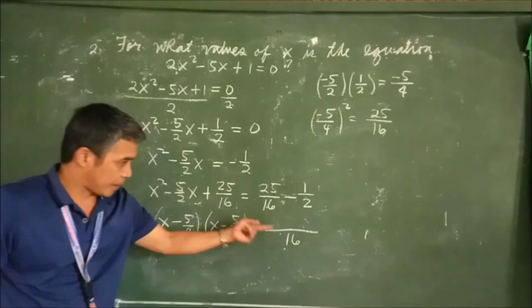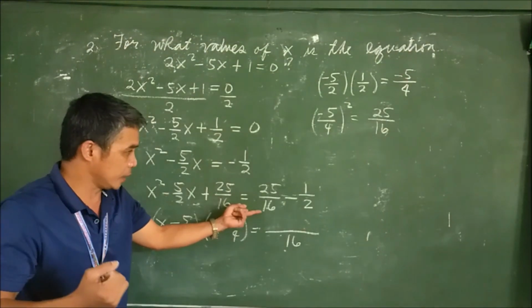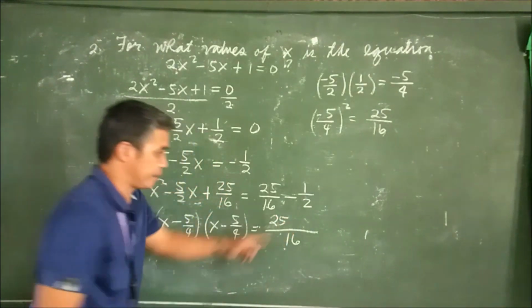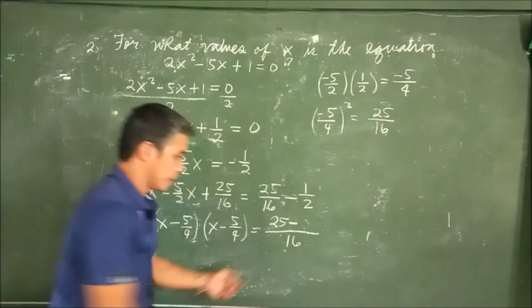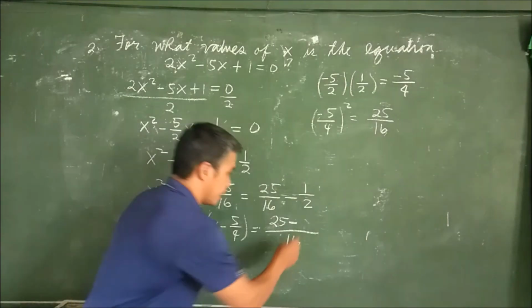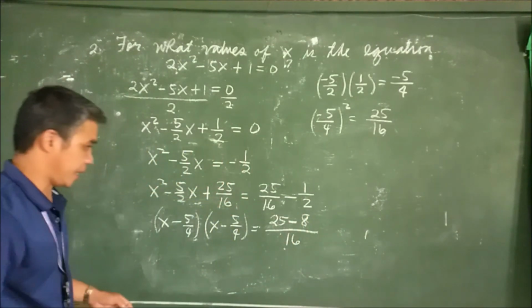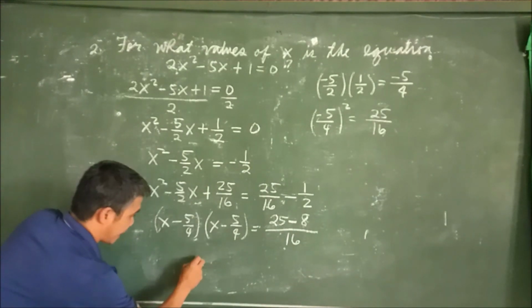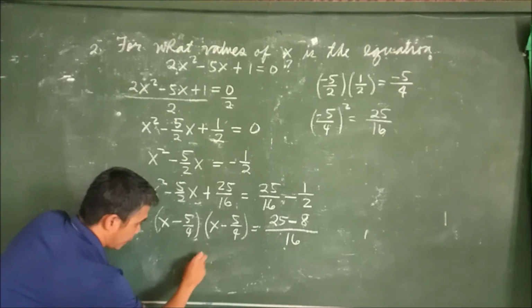Then 16 divided by 16 equals 1 times 25 is equals to 25. Then minus 16 divided by 2 equals 8 times 1 equals 8. Then, ito magiging, dahil magkapareho, square natin, square of binomial.